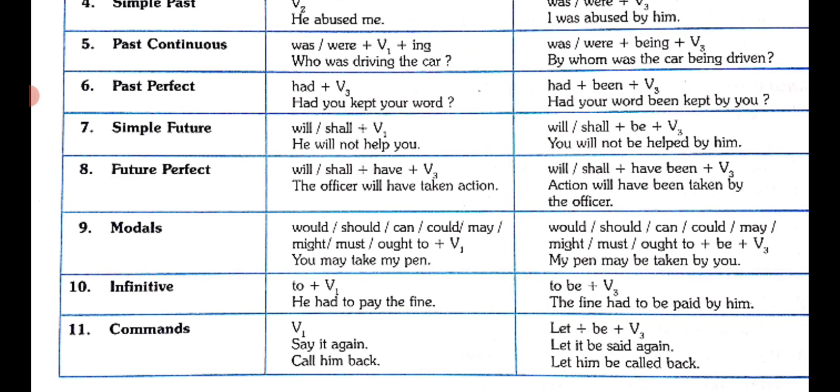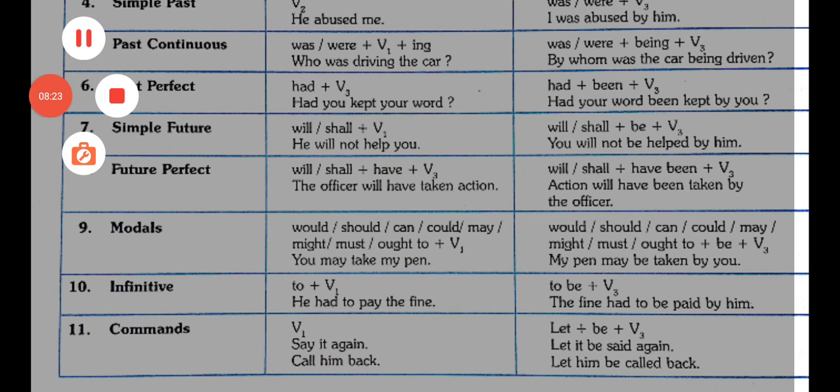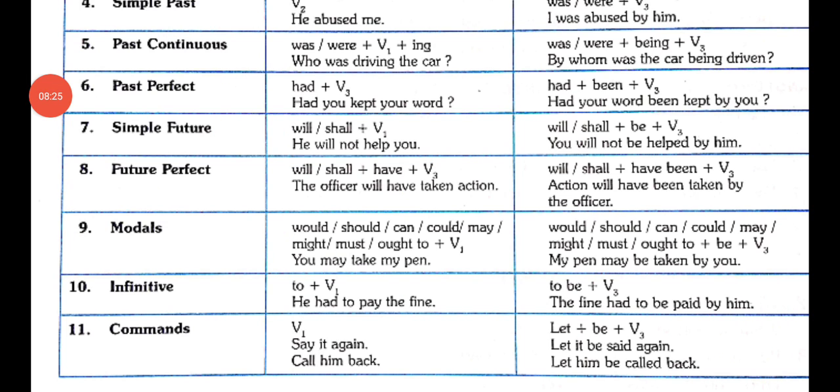Future perfect, will, shall plus have plus third form. The officer will have taken action. In passive voice, will, shall plus have been plus third form. Action will have been taken by the officer.